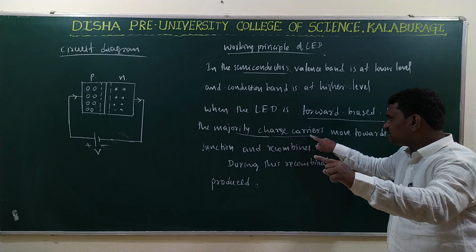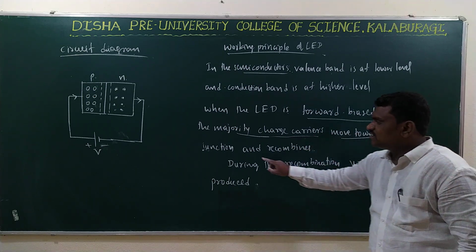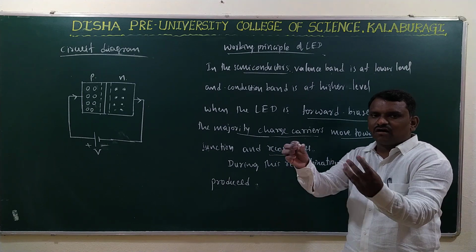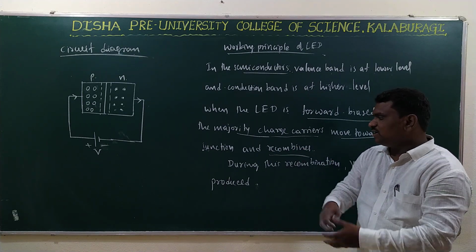These majority charge carriers move towards the junction and recombine, which means both electrons and holes recombine.